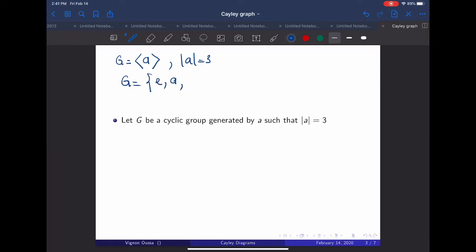It will have A, it will have A times A, and if you take A times A times A, that's A cubed, which will be the identity since A has order 3. So that's pretty much all you have. This group has 3 elements because it's generated by an element of order 3.